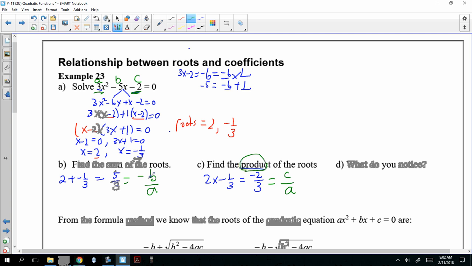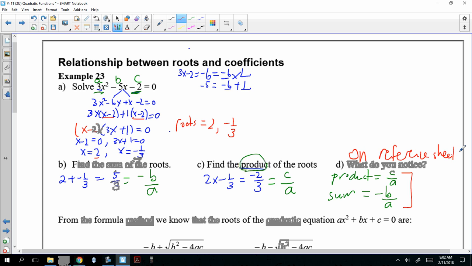So these are the formulas. So you notice that the product equal to C over A, and then the sum equal to minus B over A. And these two formulas are on the reference sheet. Like that, yep. Okay.